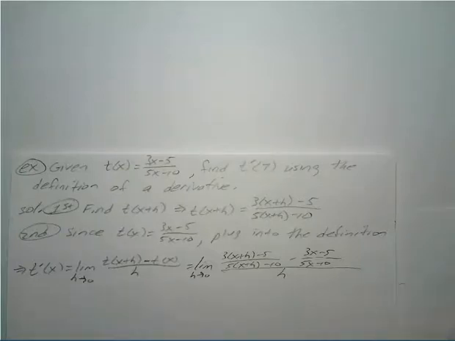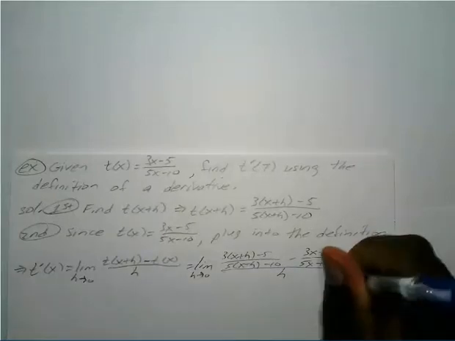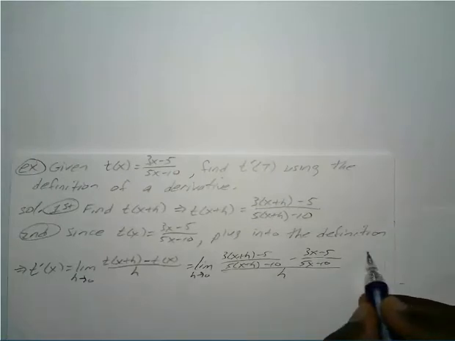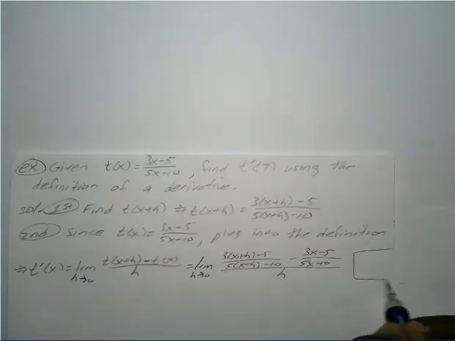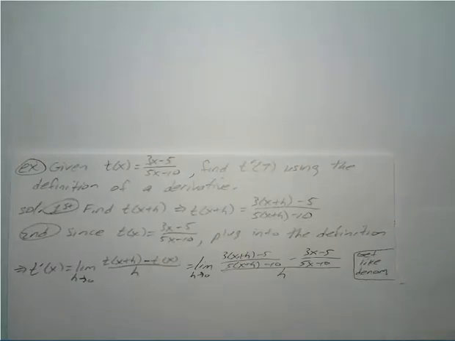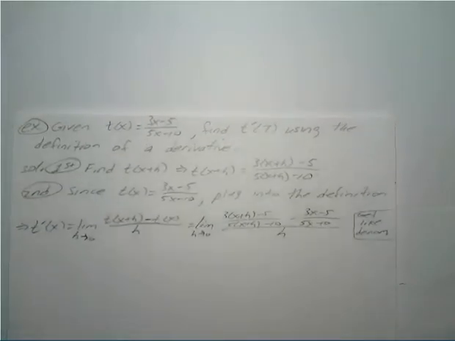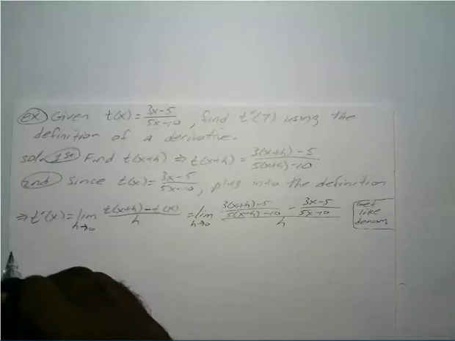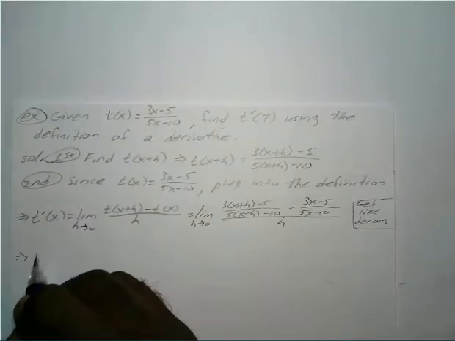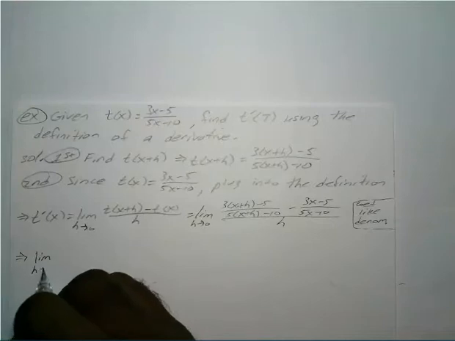All right, so first thing we have to do for our numerator is get like denominators. So that means we have the limit as h approaches 0.